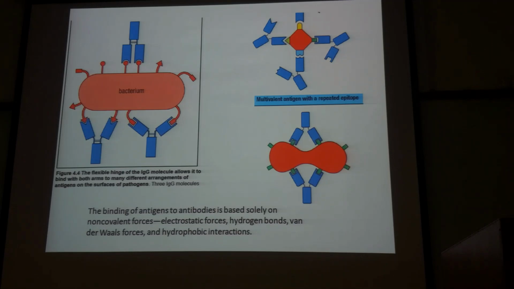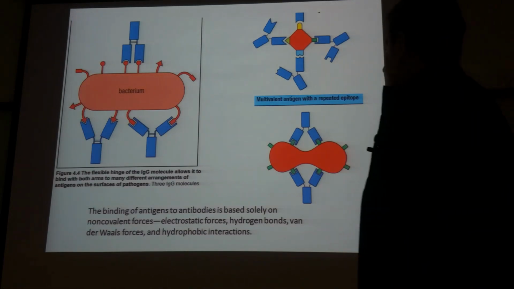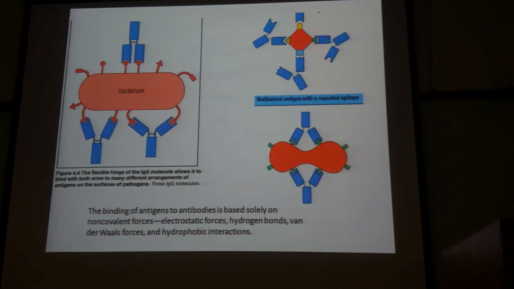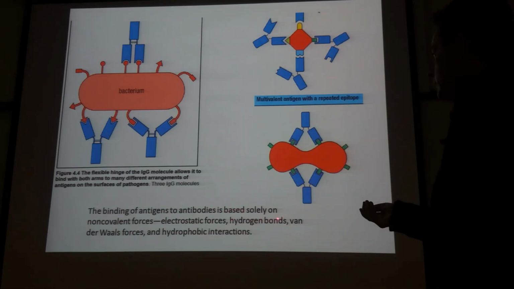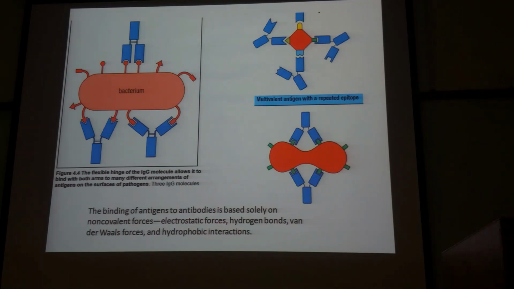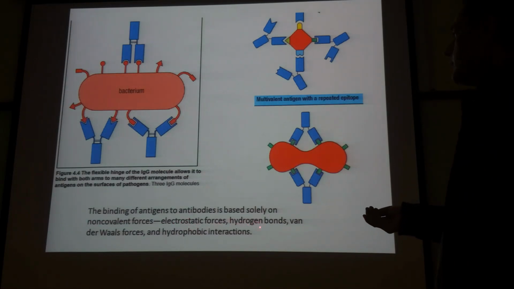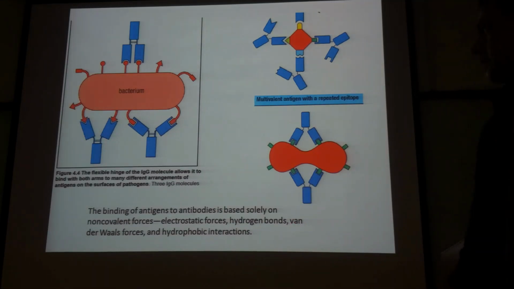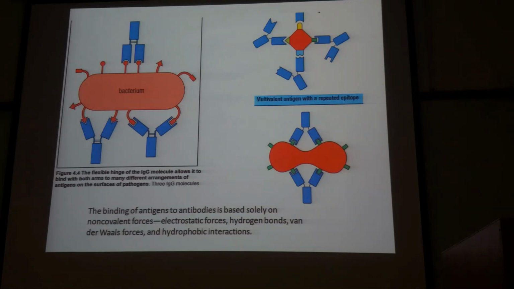And that's why multiple antibodies of multiple specificities are involved in tackling that particular antigen, or that bacterium or virus, etc. And this binding that you see in this slide is based solely on non-covalent forces, and these are the non-covalent forces given here: electrostatic forces, hydrogen bonds, van der Waals forces, and hydrophobic interactions, that help the antibody to bind with epitopes of different antigens.